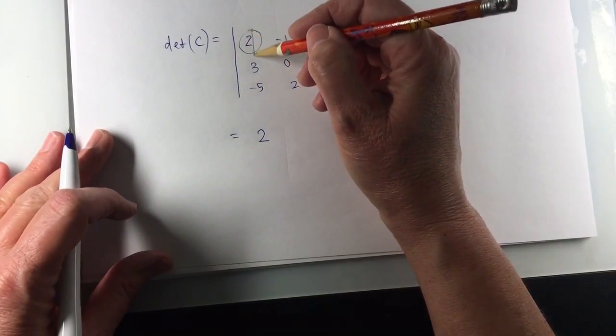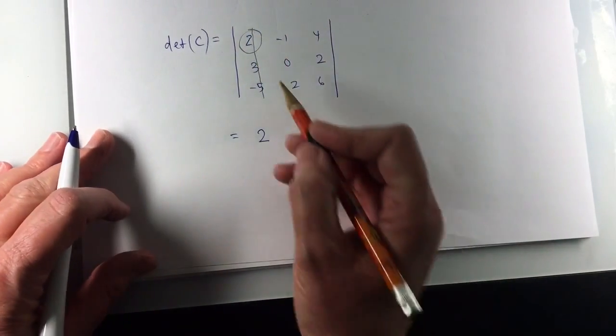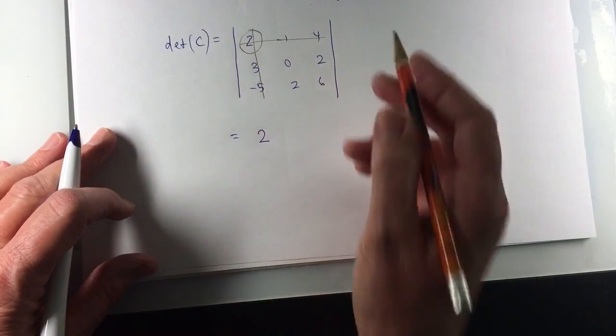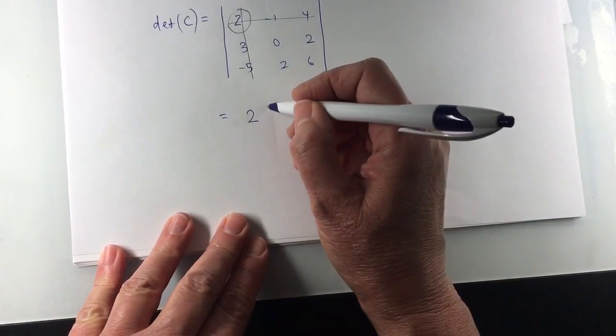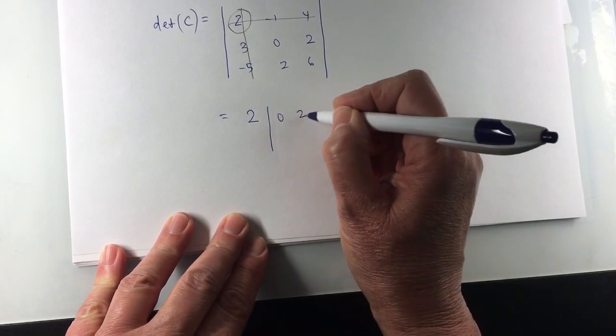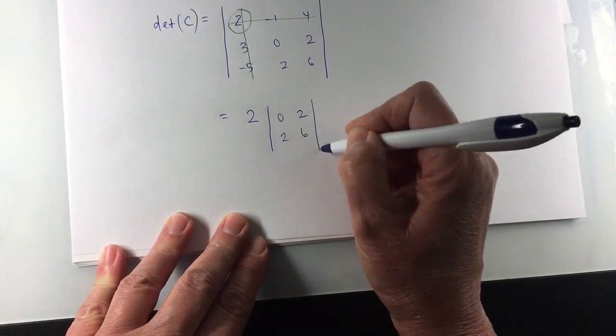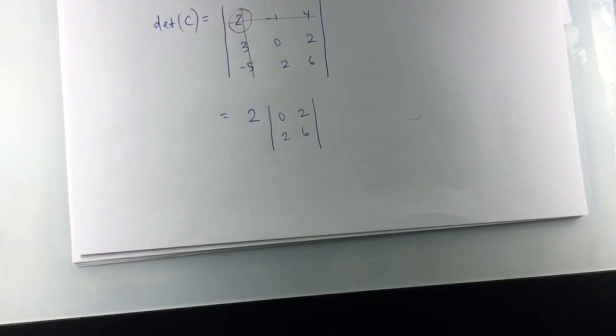I would cross out the column that 2 is in and cross off the line that 2 is in, and then do the determinant of this 2 by 2 and multiply 2 by that number, and that's that AD minus CB business.